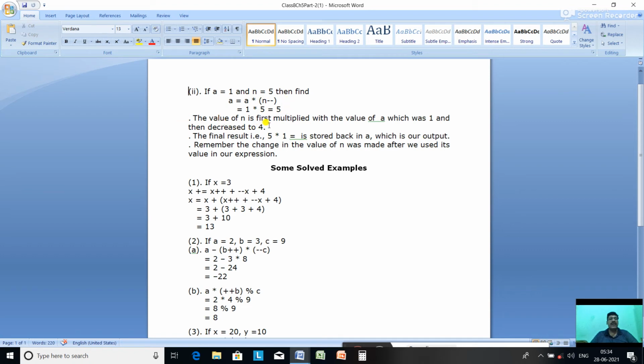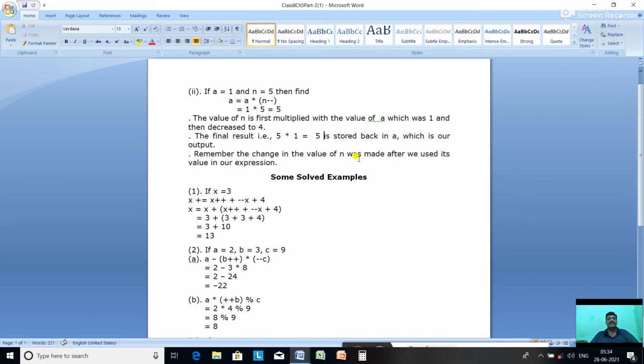So the value of n is first multiplied with the value of a, which was 1, and then decreased to 4. Okay, the first value of n will be multiplied, initial value. The final result, that is 5 into 1, 5, is stored back in a, which is our result. And the change in the value of n was made after we used its value in our expression.